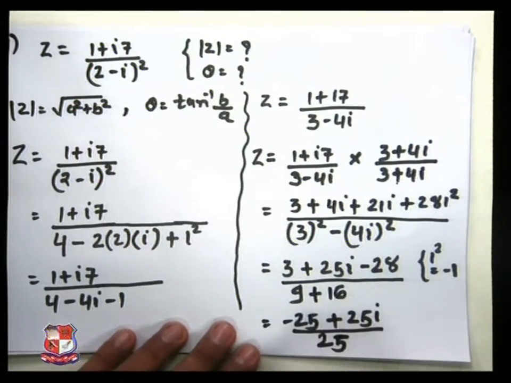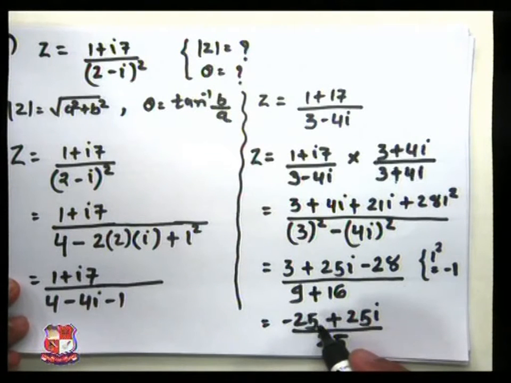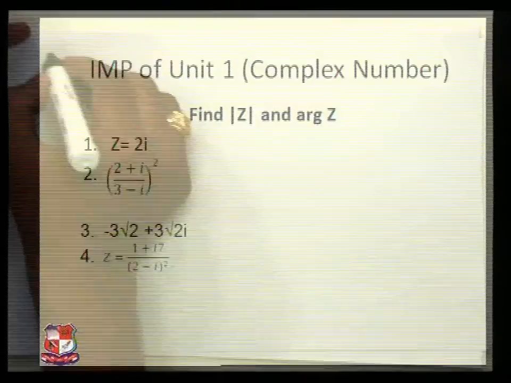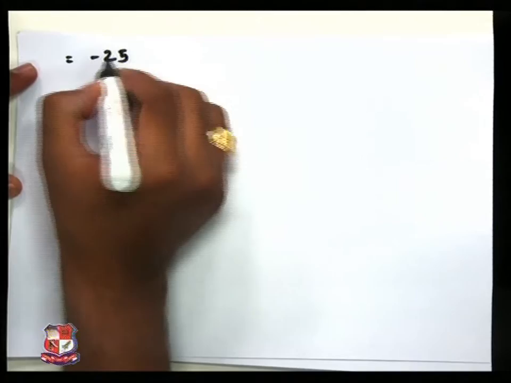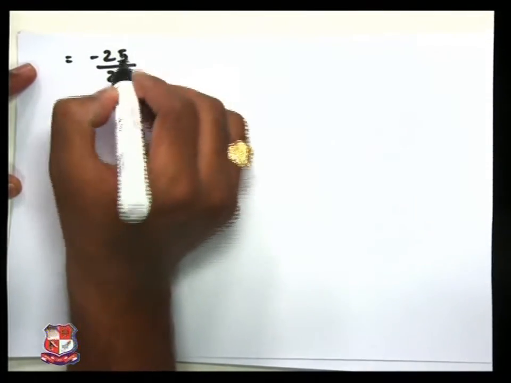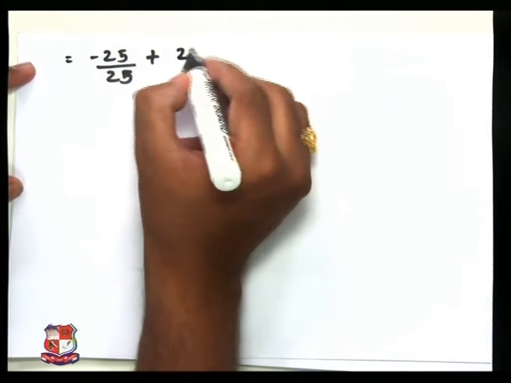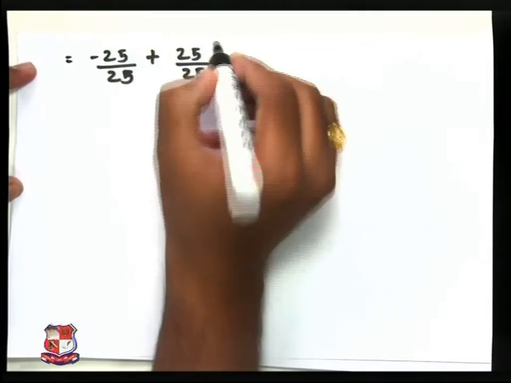So we divide both by 25. Finally our value is minus 25 divided by 25 plus 25 divided by 25 i.